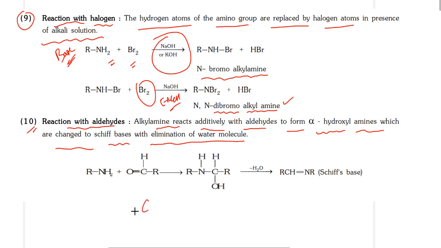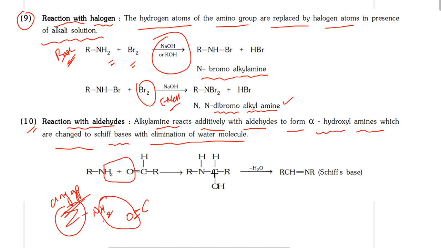Whenever the carbonyl group and Z plus NH2 are there, Z means any group, simply your work is to remove the water molecule. So many compounds are there, just remove the water molecule. So here also, just remove the water molecule, then obviously the final product is forming, this Schiff's base. This is also Schiff's base, right?